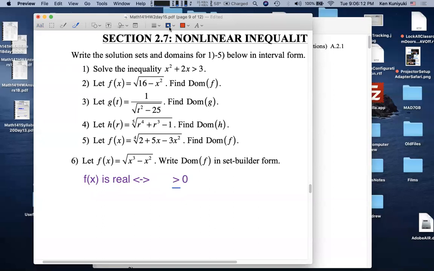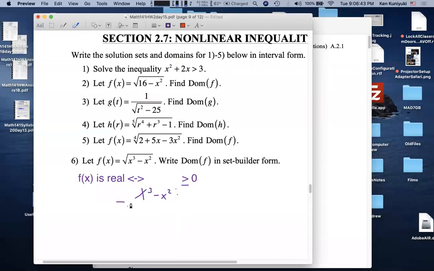All right. x cubed minus x squared is non-negative. A little awkward, but all right.